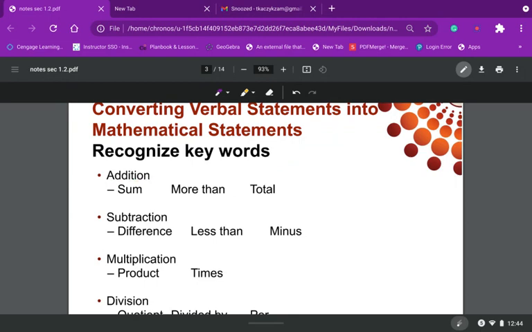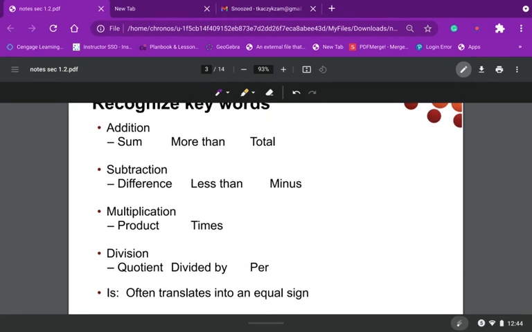So addition: when you have in a sentence sum, more than, total, all those three words stand for addition, which is the plus sign. Subtraction: when we have in word problems words like difference, less than, minus, they represent subtraction.